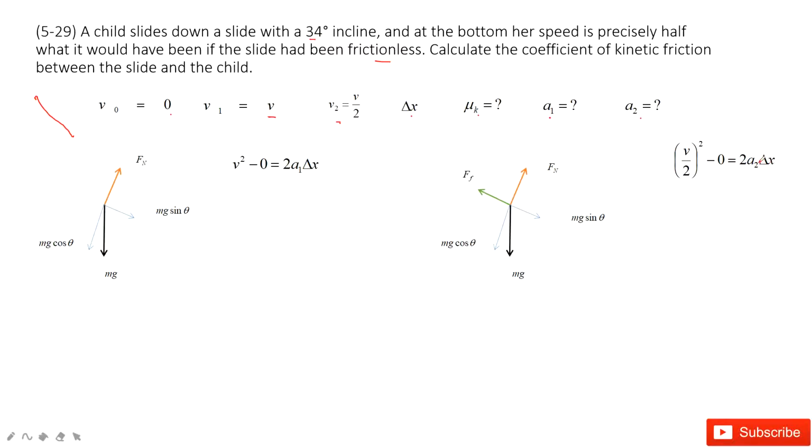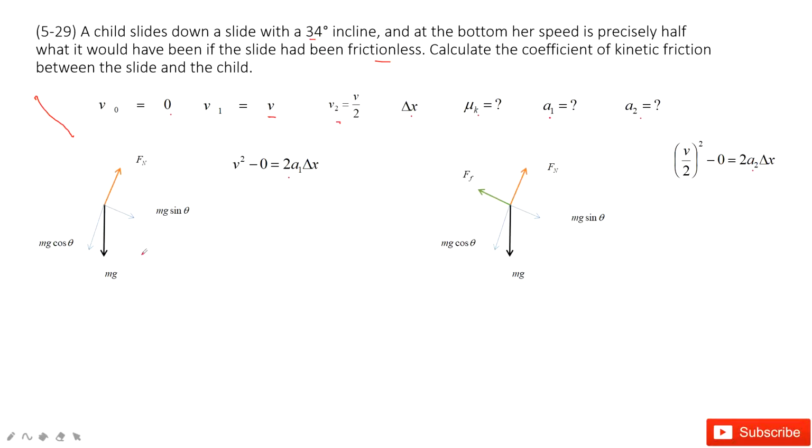In these two equations, we can find the relationship between a1 and a2. Can you do that by yourself? Now, I think you have the answer. The relationship between a1 and a2 is a ratio, right? 4 times.